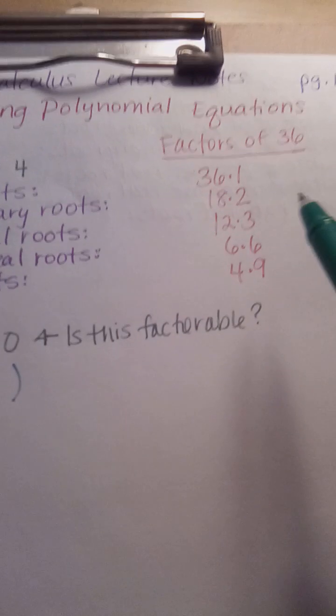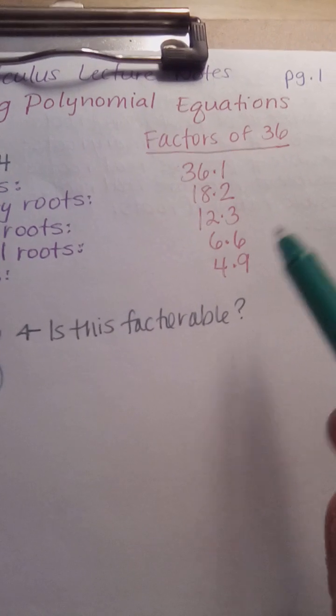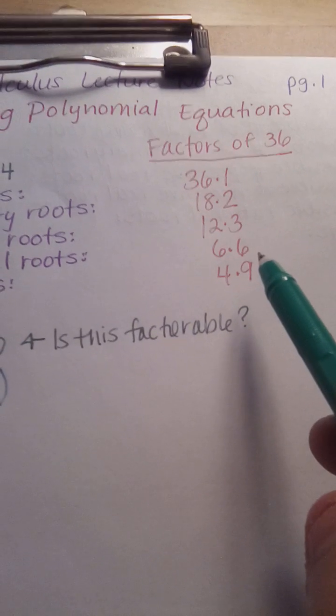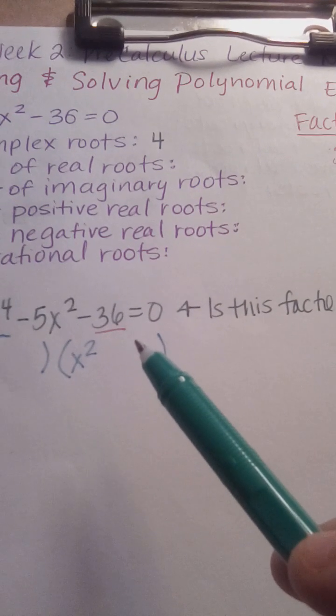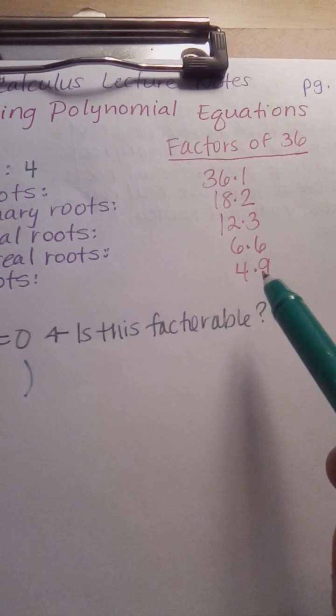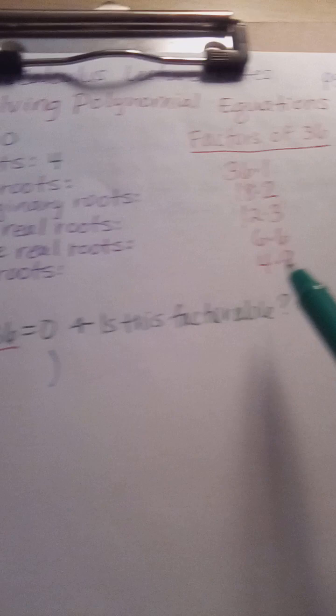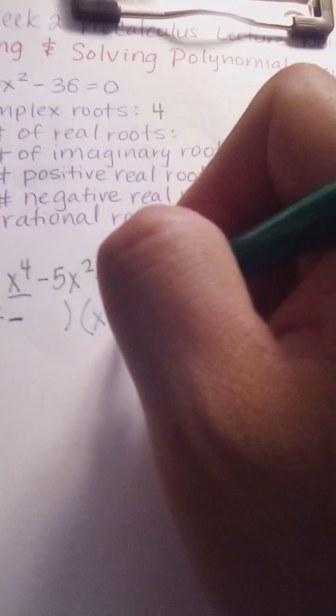So far, so good, right? So we could eliminate that right off the top. So it's between 6 times 6 and 4 times 9. I believe it's 9 times 4. All right. Well, here's the difference. The signs, right?